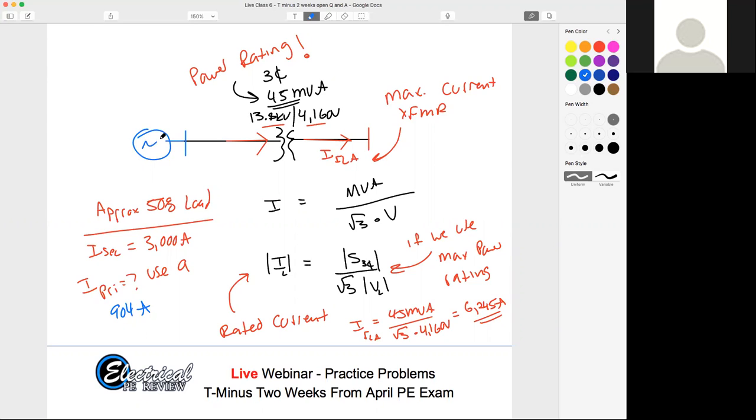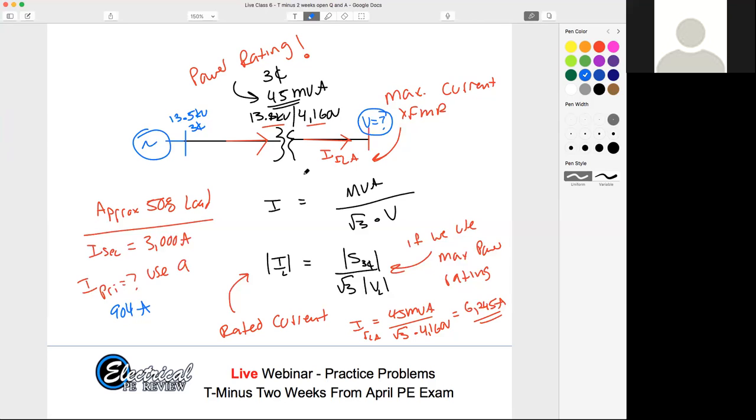Now, here's my generator. Say this is a lousy generator. What if this generator is only outputting 13.5 kV line to line or three phase? What's my voltage here? Now what?